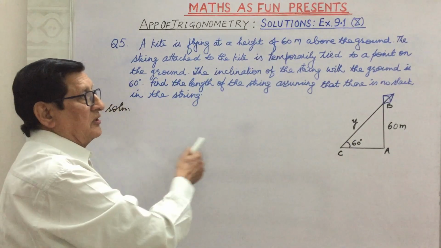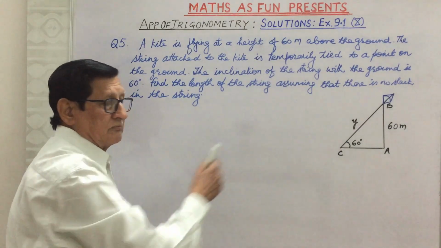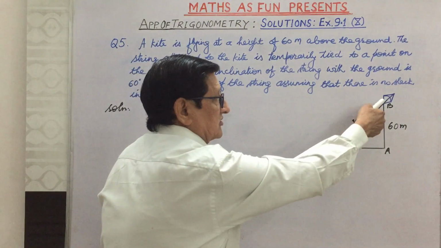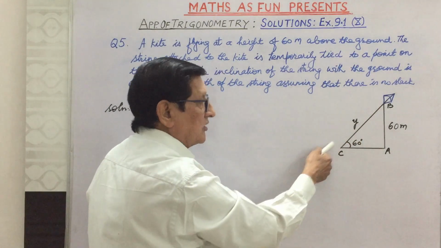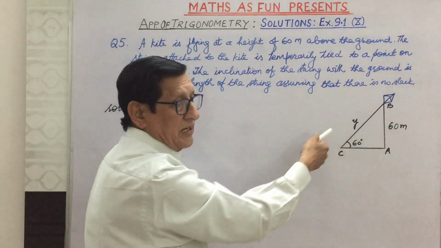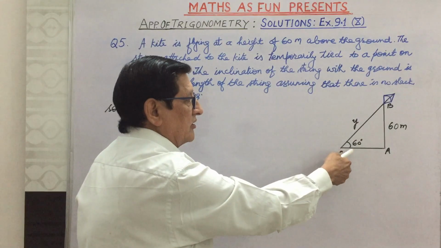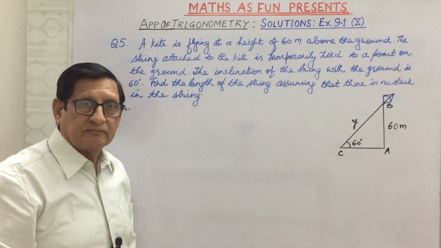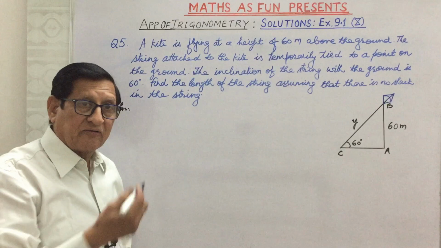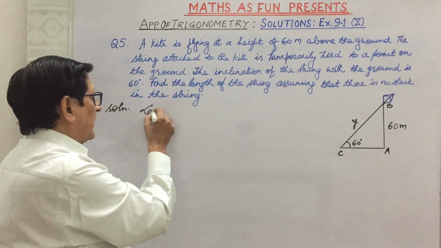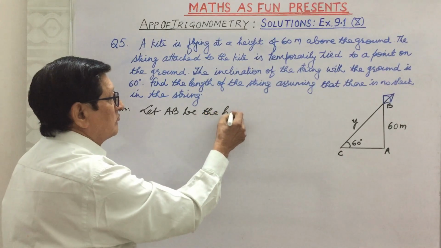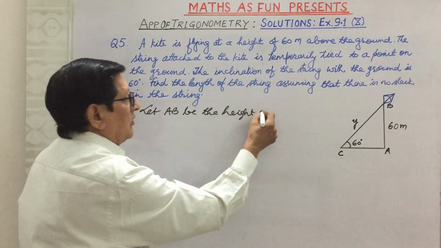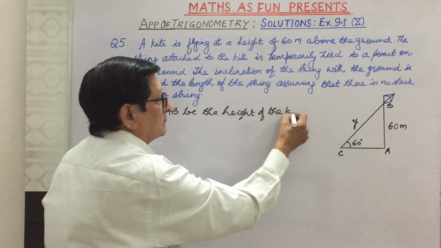For the solution, first of all we will draw the diagram. The diagram is here. This is the kite at a height of 60 meters. This is the string. The length of this is considered as y. And the angle of inclination, that is 60 degree. And we write the description. Let AB be the height of the kite.